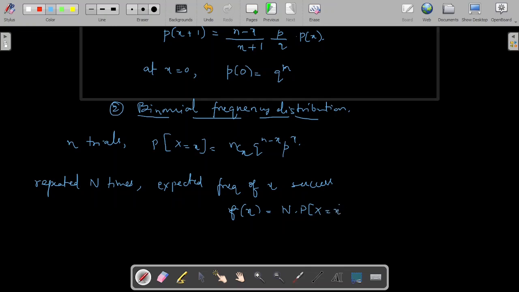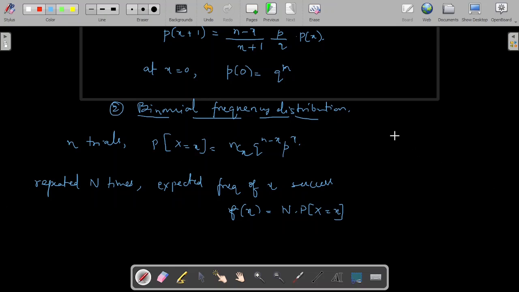You have to multiply the probability value by capital N to get the expected frequency of x successes. That is the meaning of the binomial frequency distribution.